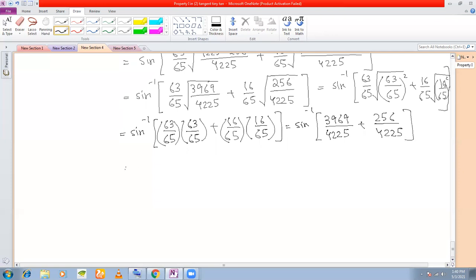Now if you take the LCM within the box bracket, you will get 4225 by 4225, which is equal to sine inverse 1. Sine inverse 1 is pi by 2, because sine pi by 2 is equal to 1, which is equal to your right hand side. So that is how you do this sum. All the results are now over.